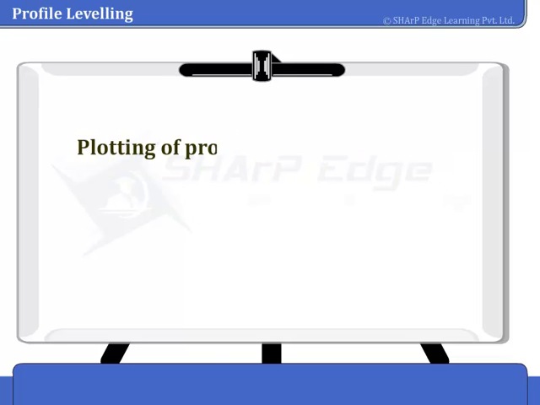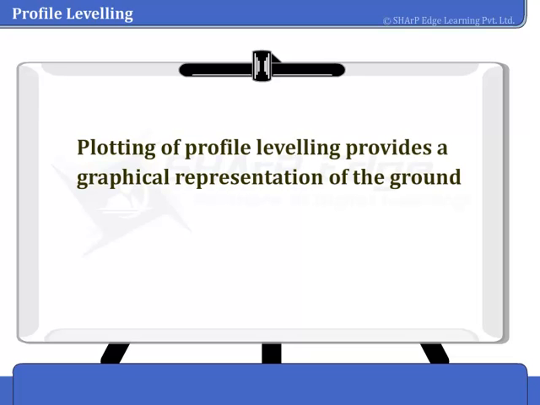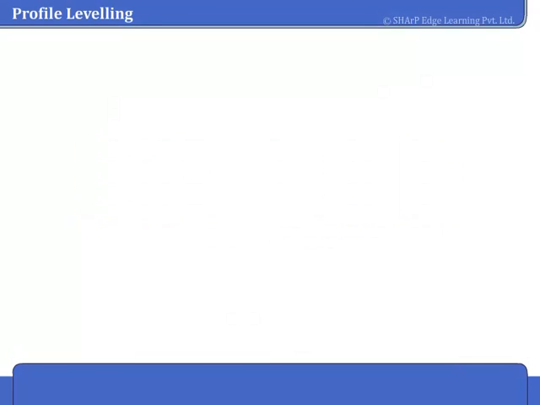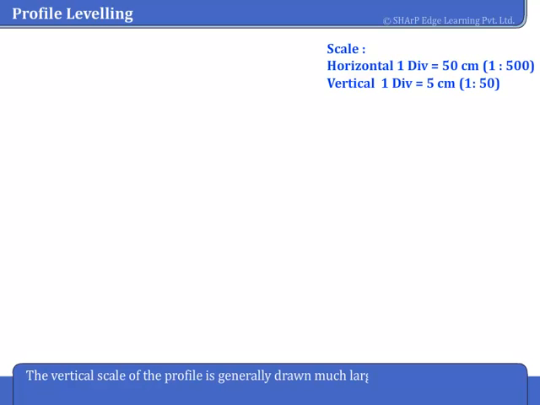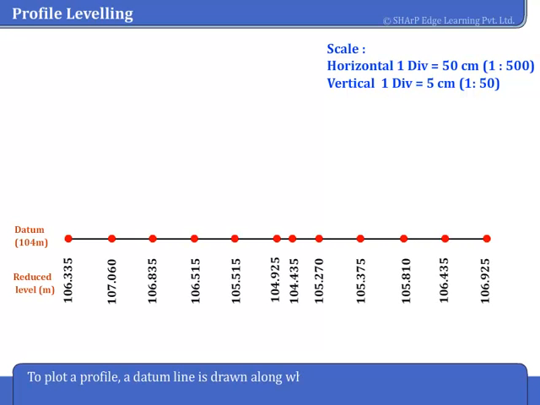Plotting of profile leveling provides a graphical representation of the ground points on a longitudinal section along the alignment. The vertical scale of the profile is generally drawn much larger than the horizontal scale in order to accentuate the difference of elevations. To plot a profile, a datum line is drawn along which distance of points are marked.